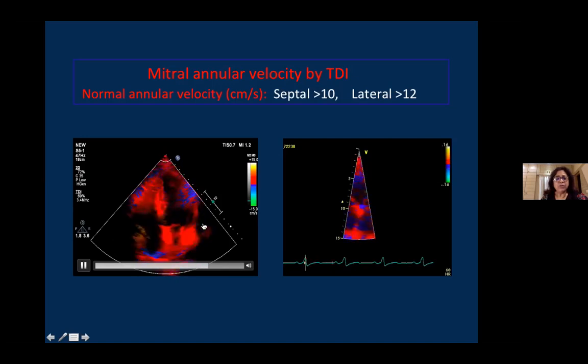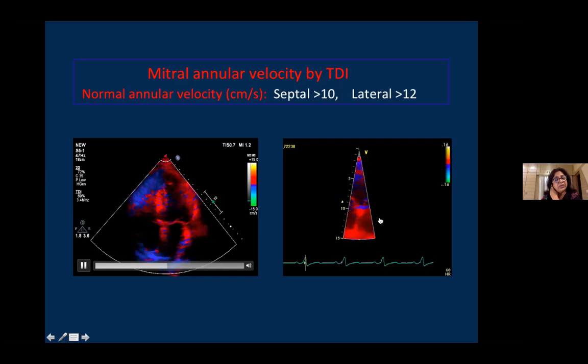You should know that the annulus moves towards the apex during systole, and it moves away from the apex during diastole. Before I measure the velocity of the annulus, I reduce the width of the sector.